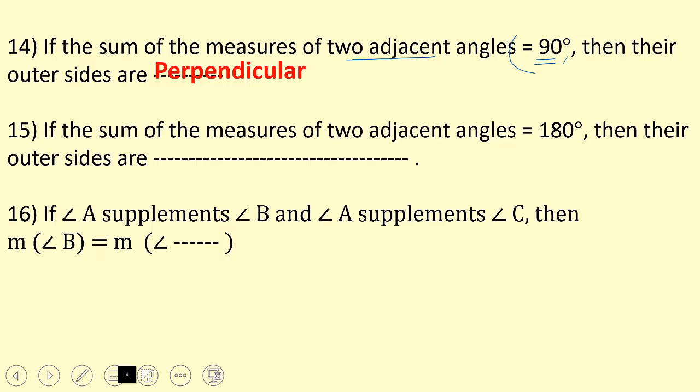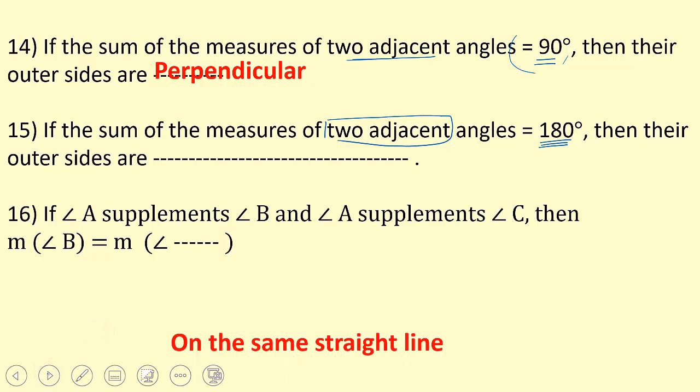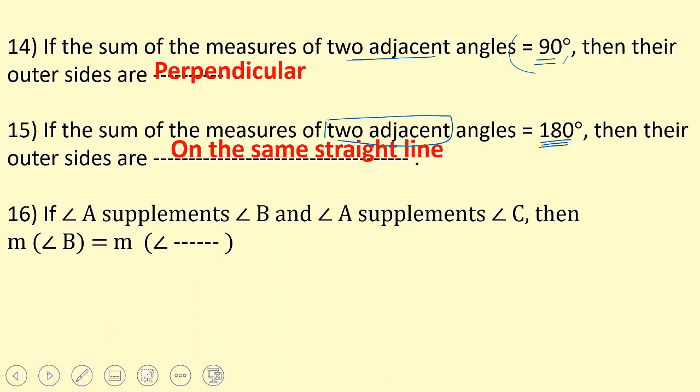Number 15. If the sum of the measure of two adjacent angles is equal to 180 degrees, then those two lines are on the same straight line. So their outer sides are on the same straight line.